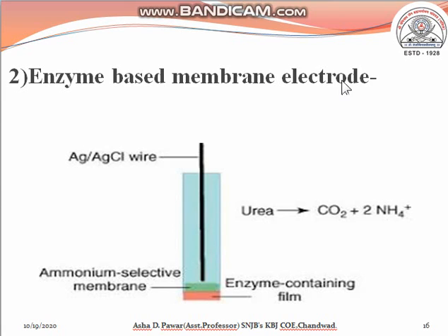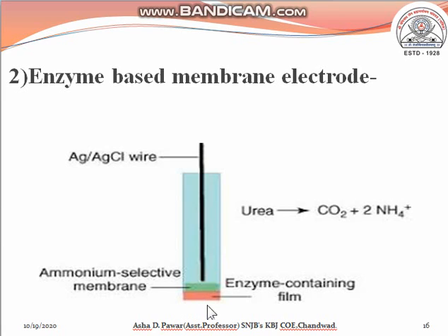The enzyme based membrane electrode contains a membrane, an enzyme containing film, and here we see how to determine the concentration of urea from the solution, or how to detect urea. The enzyme used to detect urea is the urease enzyme.